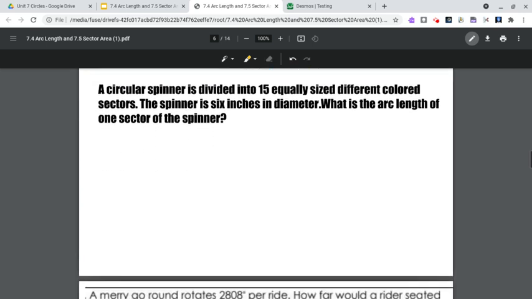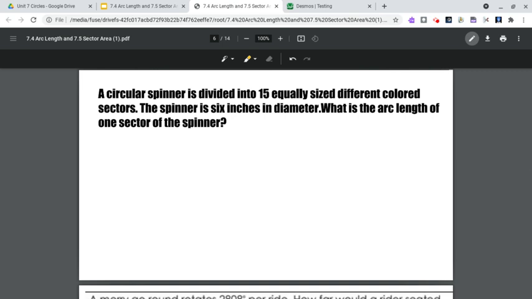A circular spinner is divided into 15 equally sized different colored sectors. The spinner is 6 inches in diameter. What is the arc length of one sector of the spinner? So I'm going to take my circular spinner, and I know a circle is 360 degrees.